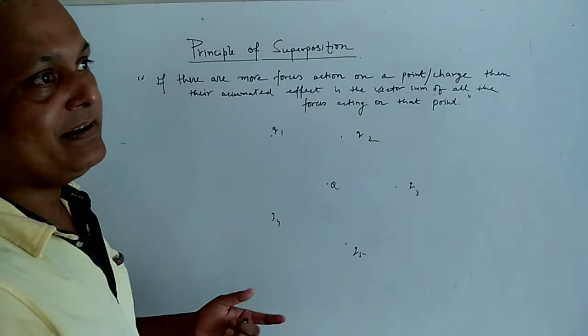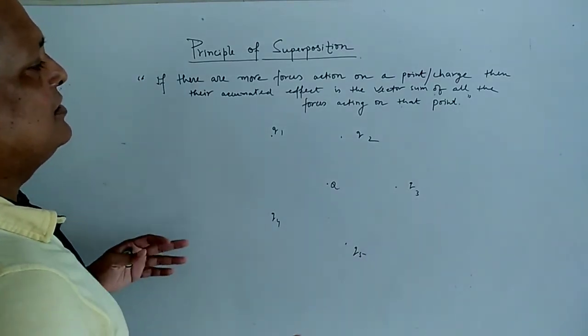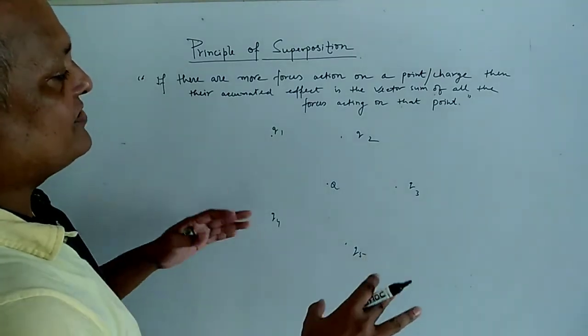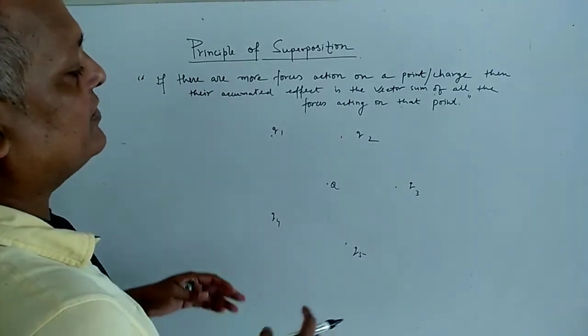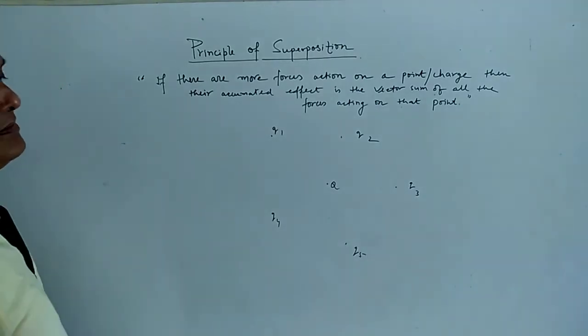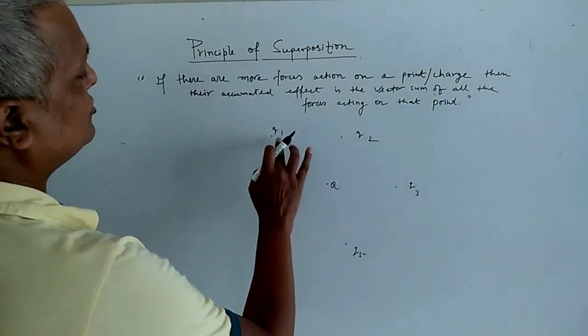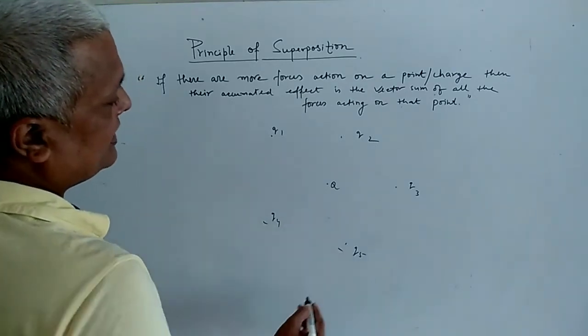You can assume them negative also, because the vector addition just takes account of the vector features, whether they are moving away in that direction or moving inward in this direction. This doesn't bother you at all. So for the sake of convenience, I assume that 1, 2, 3 are positive and these two are negative.